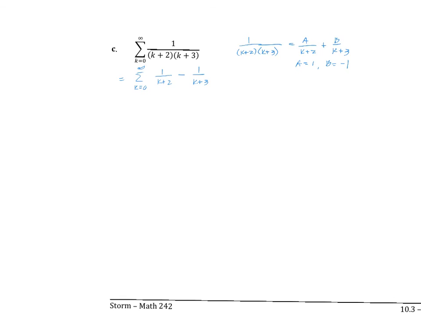However, I am going to rewrite this as k equal to 1 to infinity. So I'm adding 1 to my start, and I'm going to subtract 1. This becomes 1 over k plus 1 minus 1 over k plus 2.